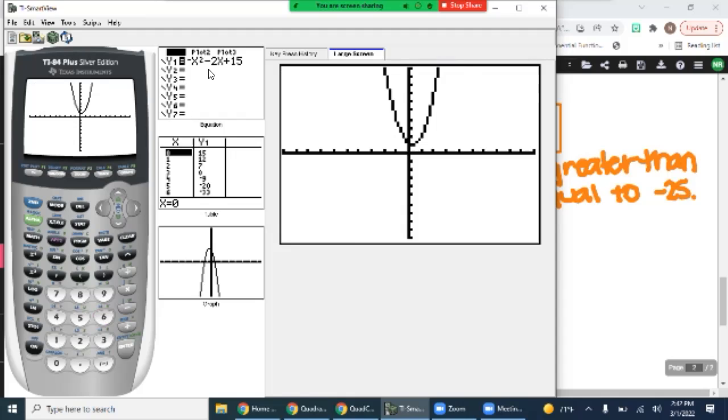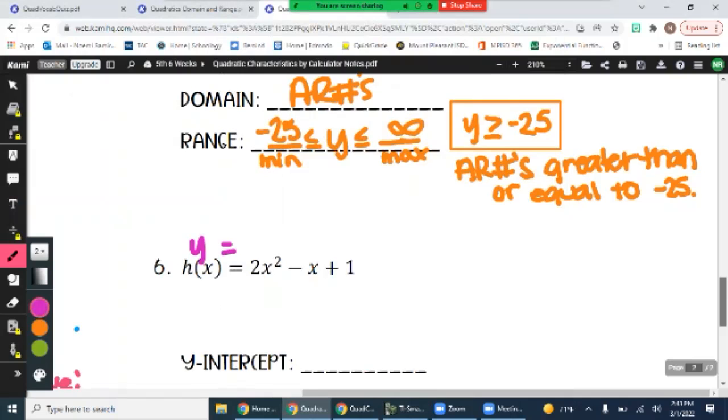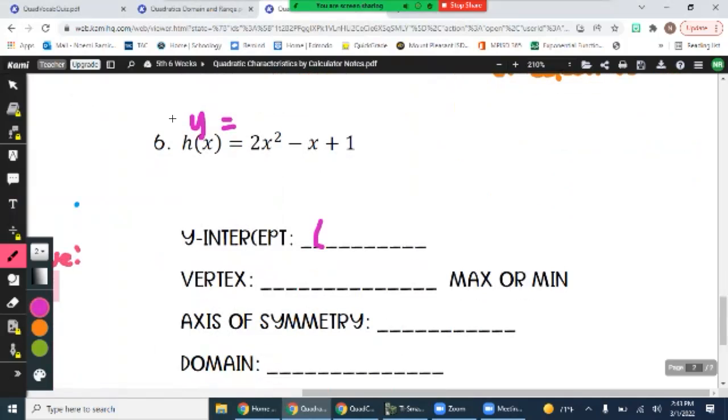So there's no zeros on this one. If you had an actual graph like on paper, you wouldn't have any zeros. Anyway, now that I can see the vertex, I can press what? Trace. And that first number that pops up represents my y-intercept. And it is exactly what we expected, 0, 1, because we have this +1 here by itself with no x attached to it.